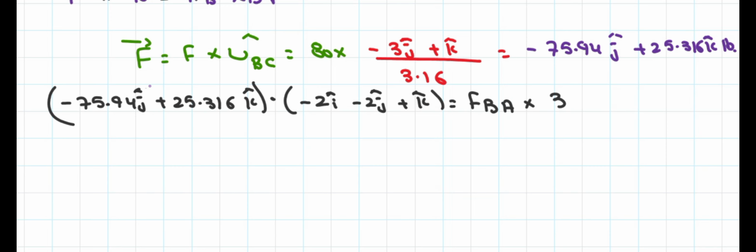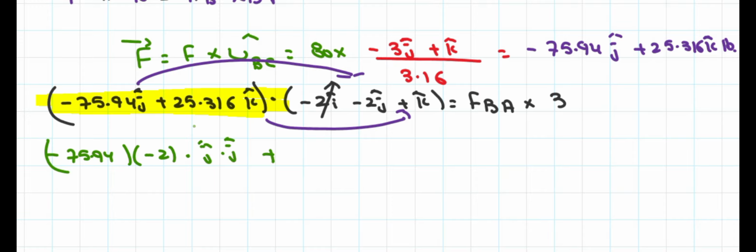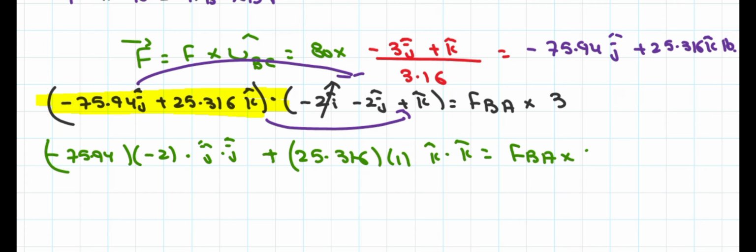Again, multiply j with j and k with k, because in this expression there is no i component present. So neglect this negative 2i here. So negative 75.94 times negative 2 for j dot j, with positive 25.316 times positive 1 for k dot k, equals FBA times 3.